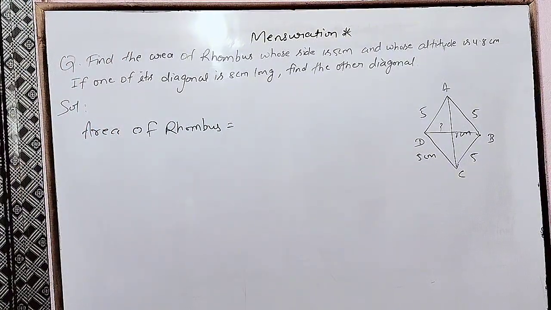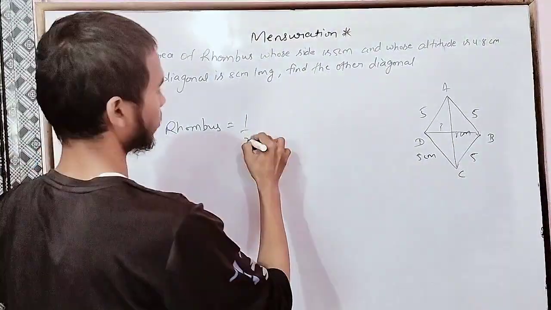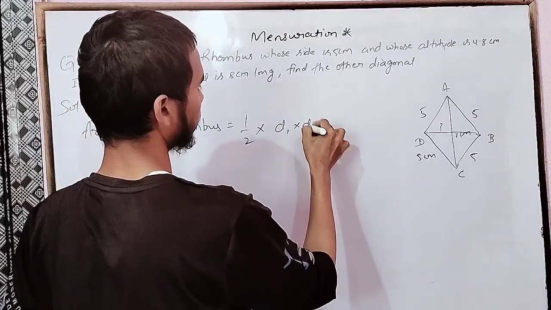It is 1 by 2 multiplied by diagonal 1 and diagonal 2.